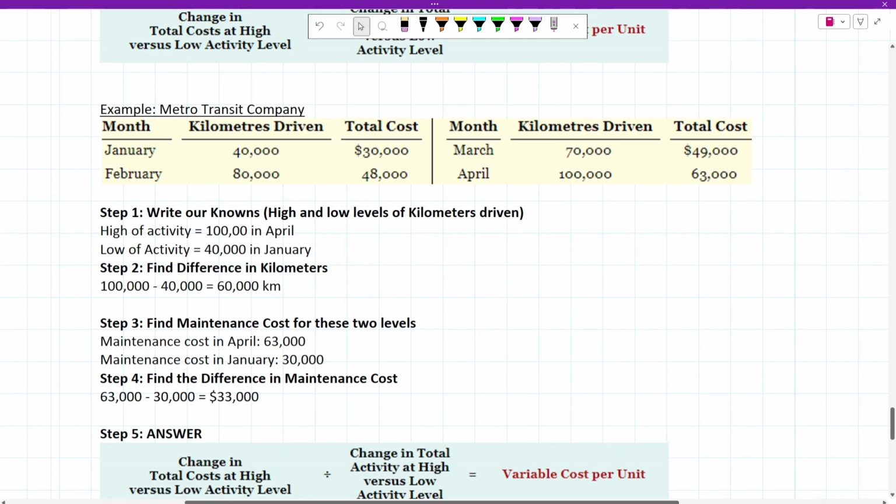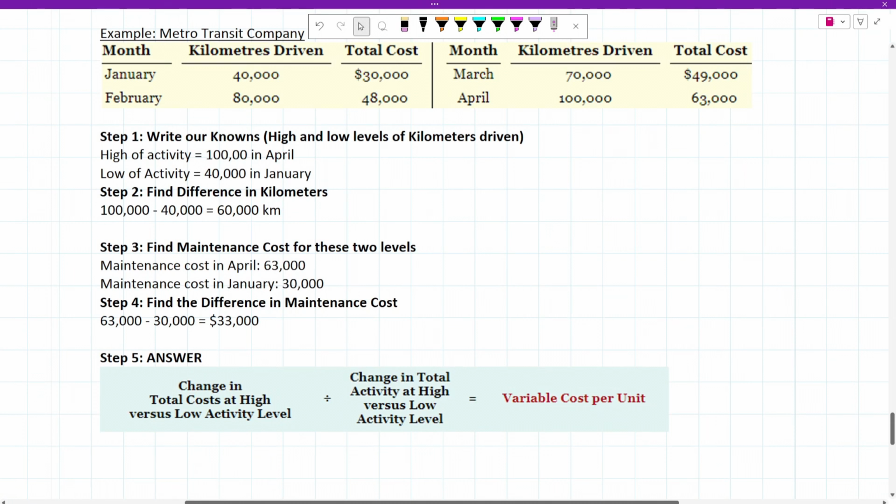in our total costs. So step five, we want to figure out the answer. So what we have here is 33,000 divided by 60,000. This is equal to $0.55 per kilometer.